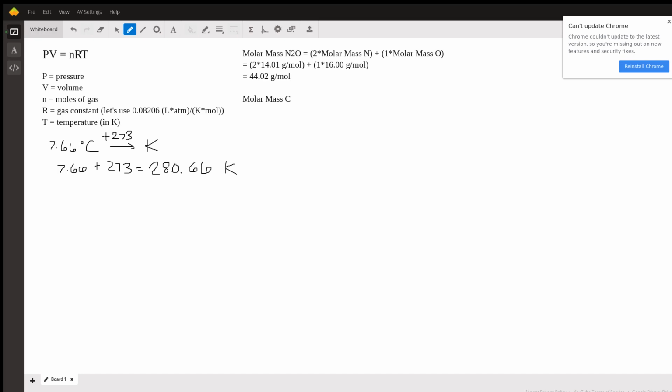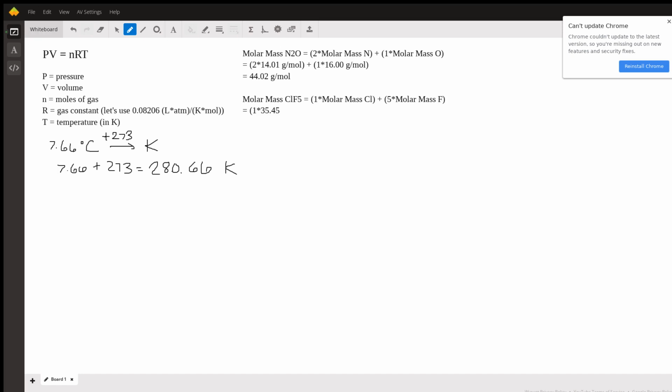The molar mass of chlorine pentafluoride would be 1 times the molar mass of chlorine plus 5 times the molar mass of fluorine. That's 1 times 35.45 for the chlorine, and let me look up the molar mass of the fluorine real quick.